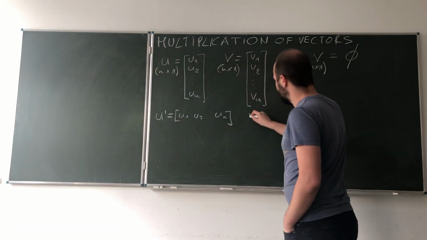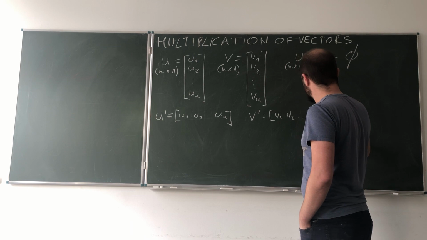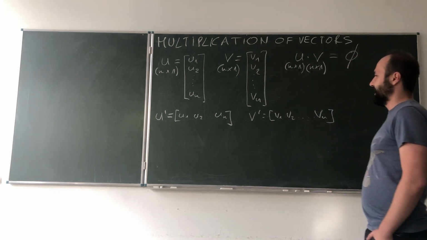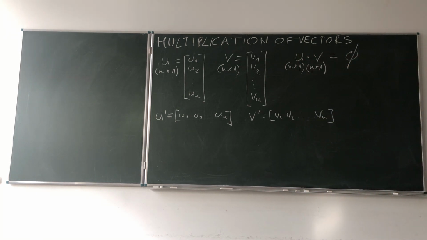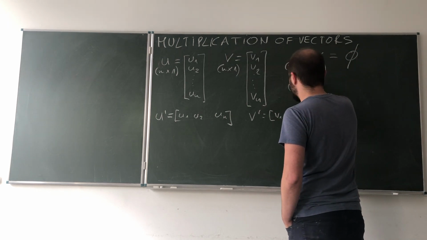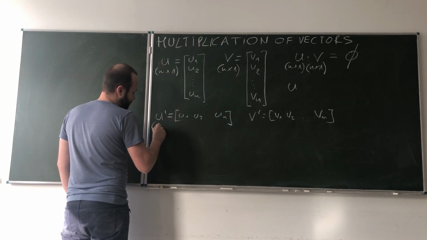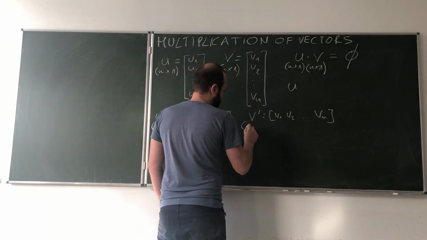Again, v prime vector will look as v1, v2 until vn. Now, can we multiply those two vectors? Okay, let's put their dimensions first. 1 by n, 1 by n.